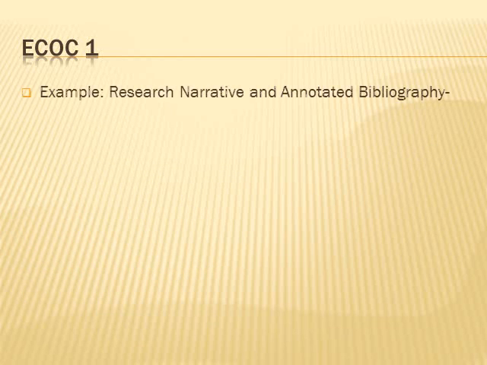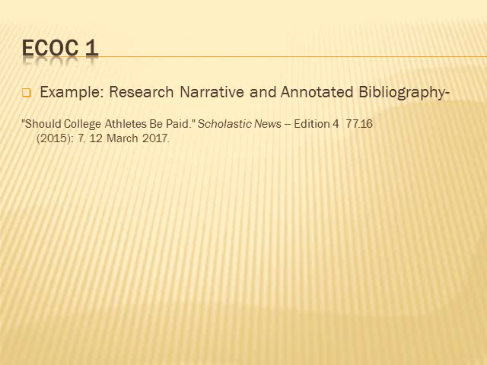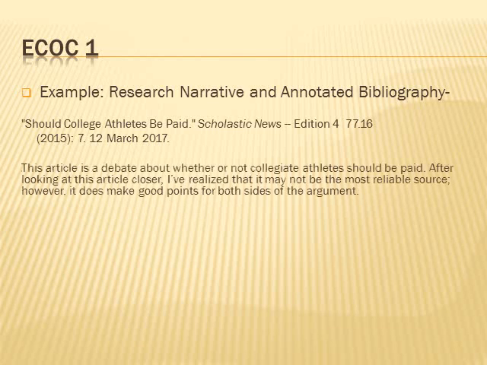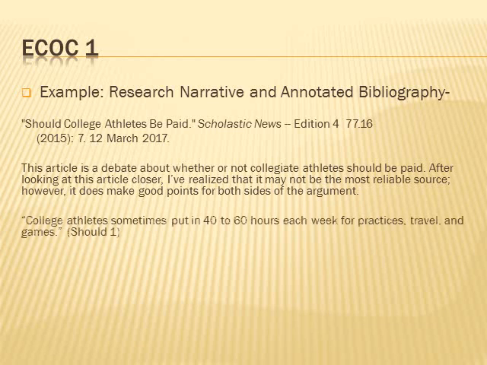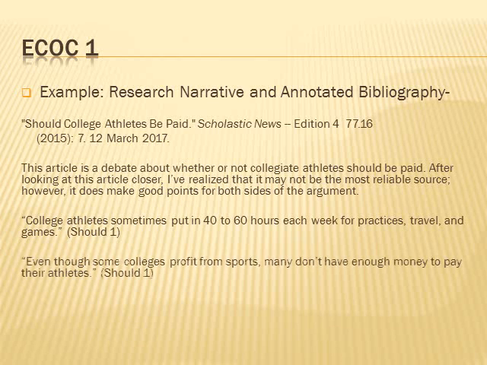An example of this came in my research narrative and annotated bibliography, where we cited the work like it would be in our works cited page. Then we gave a summary of the article and how it could be helpful in our paper. And then we gave some useful quotes that we could use in our paper from the article.